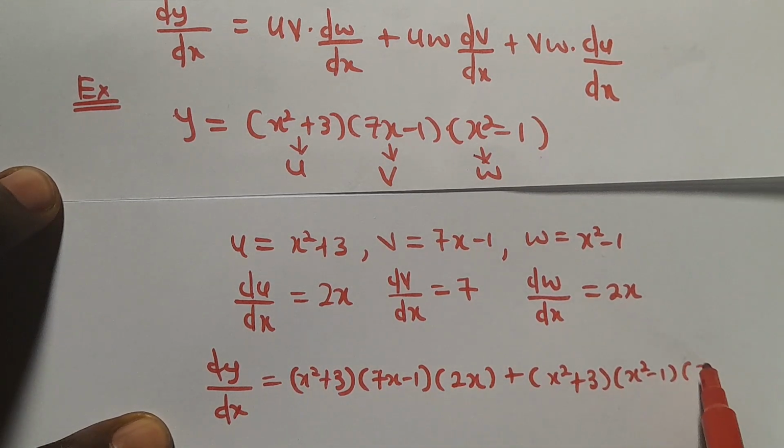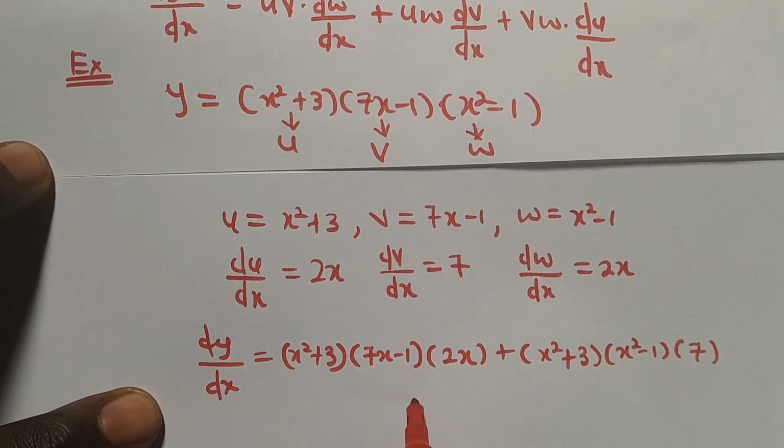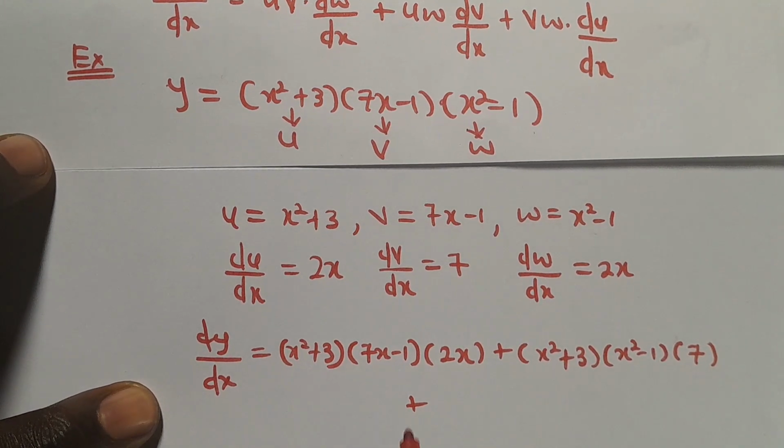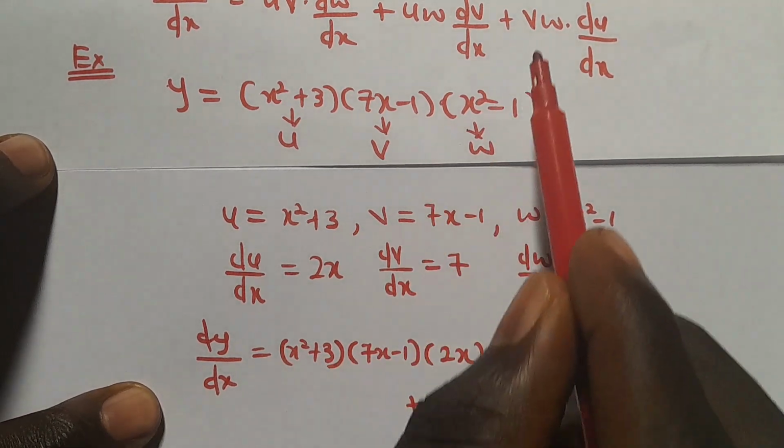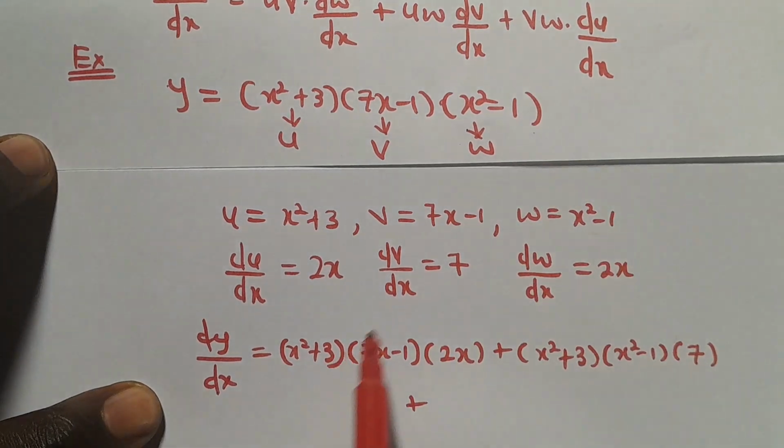Our dphi/dx equals 2x plus phi w. Function phi equals 7x minus 1, multiplied by function w, x squared minus 1.